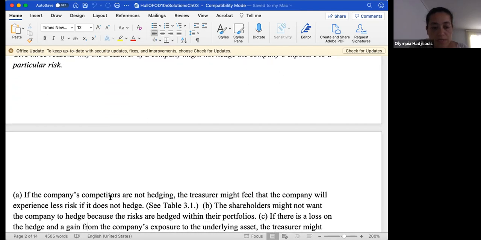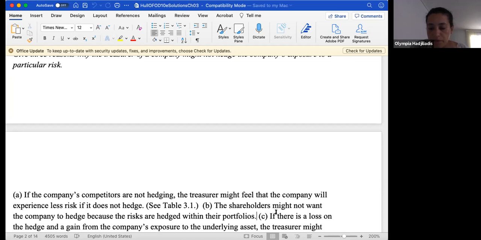So if the company's competitors are not hedging, the treasurer might feel that the company will experience less risk if it does not hedge. So that's one reason not to hedge. The other is the shareholders might not want the company to hedge because the risks are hedged within their portfolios.